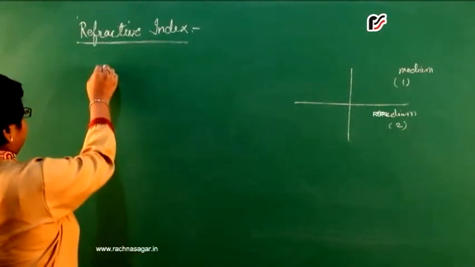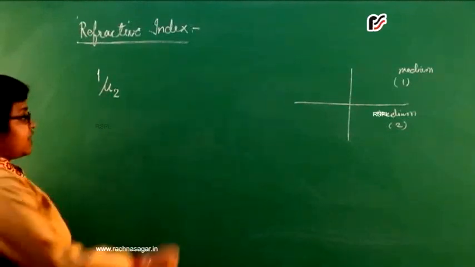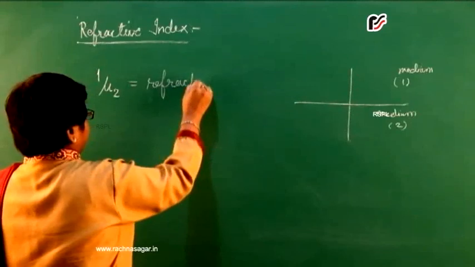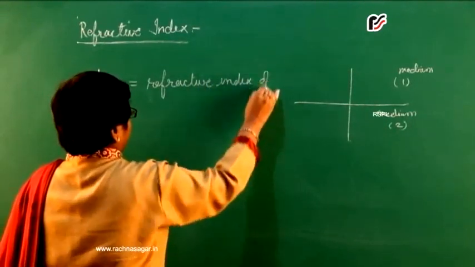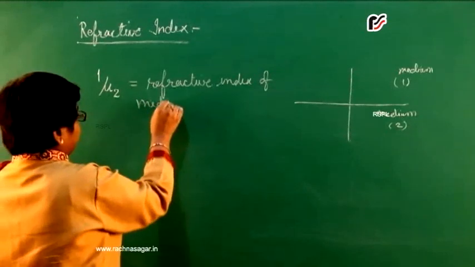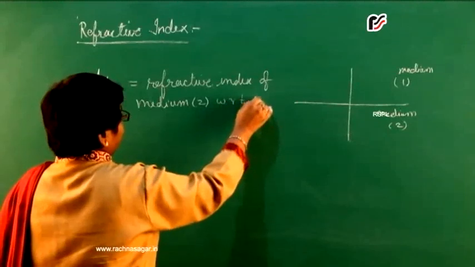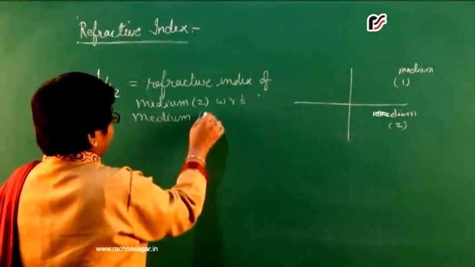If we say 1 mu 2, it reads as the refractive index of medium 2 with respect to medium 1.